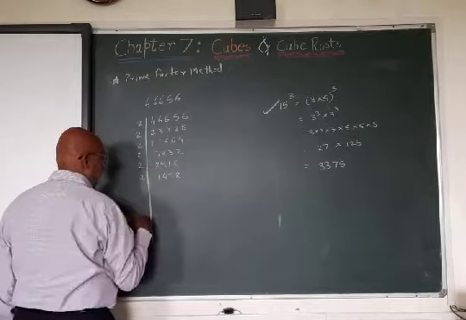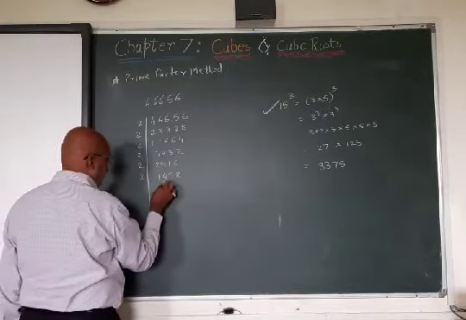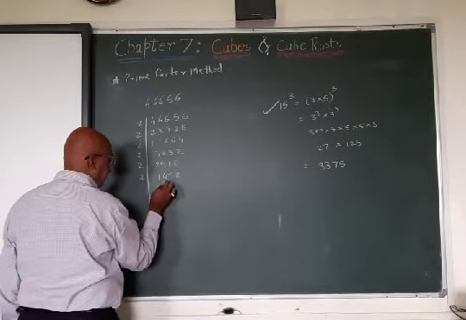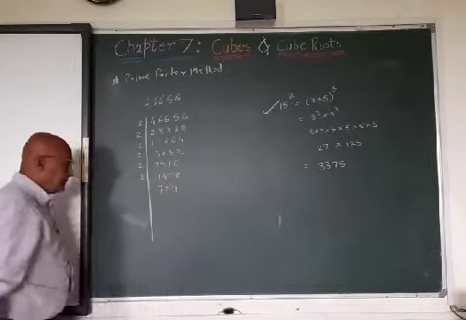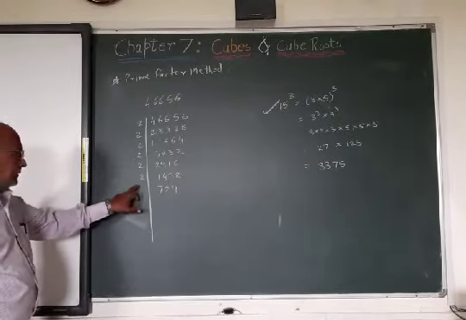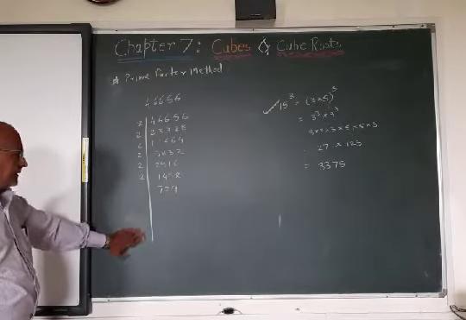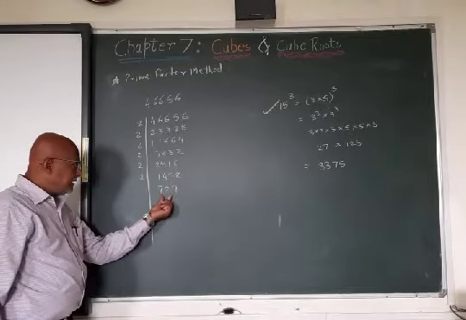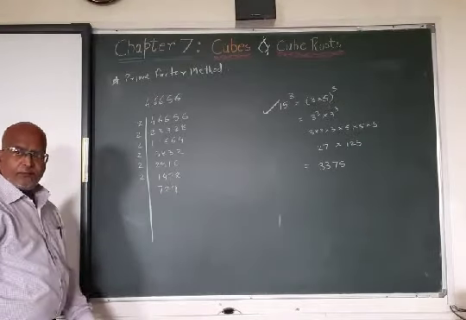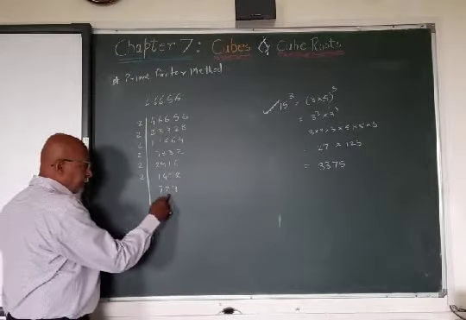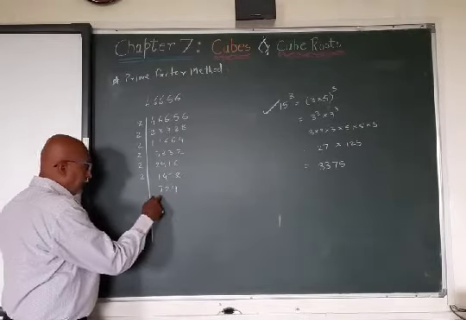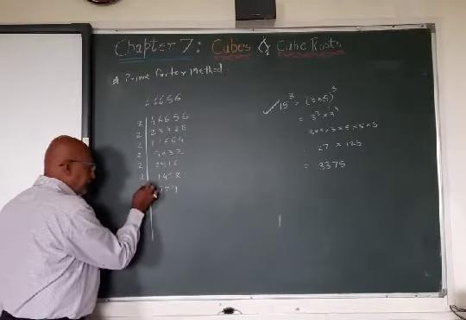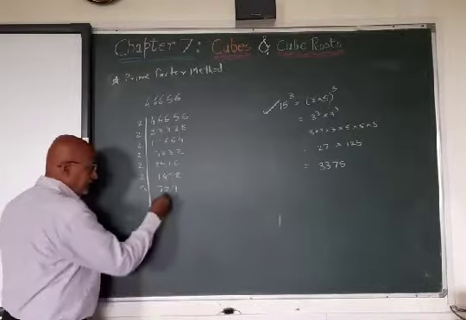Again 2, 10, 7, 2, 9. Now here 2 cannot be a factor further. Now 729. Do you remember this? 9 plus 2 is 11 plus 7 is 18. 18 is divisible by 3, so we can write 3 here.